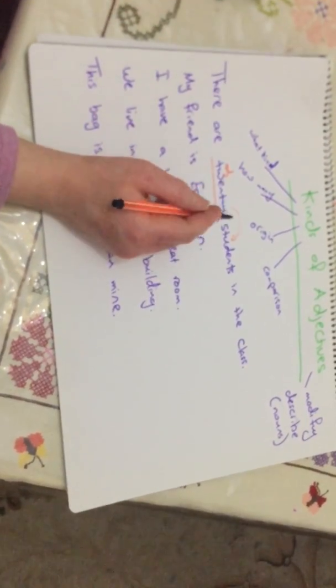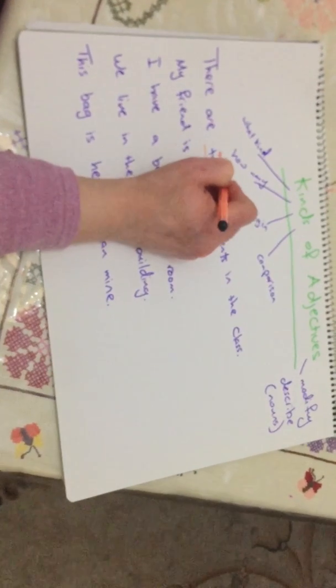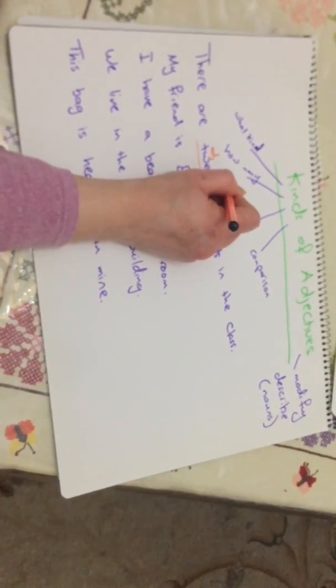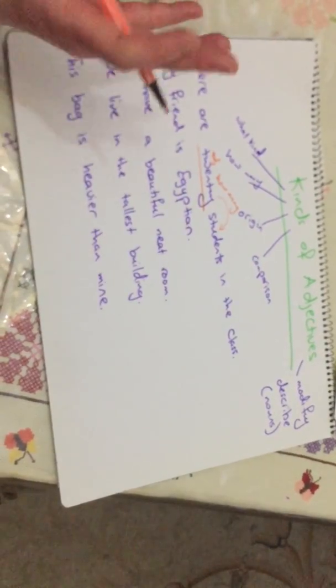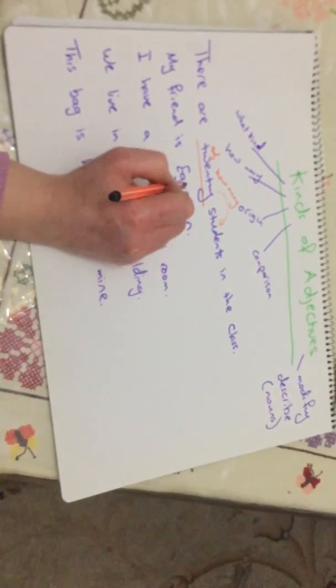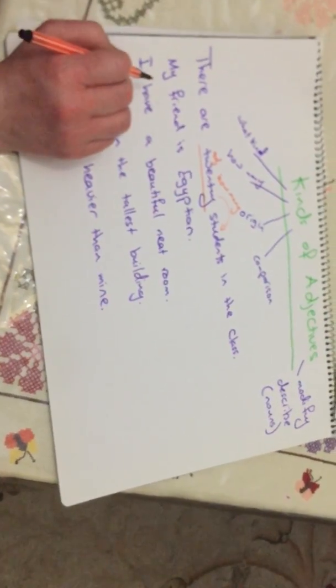It shows how many students are in the class. So this adjective shows how many, because it talks about the amount or the quantity of the noun, which is students in the class.